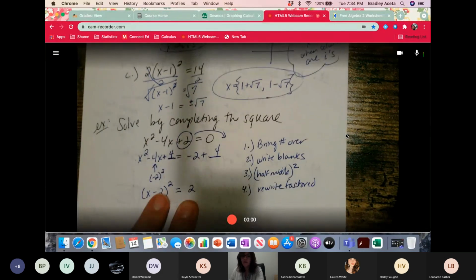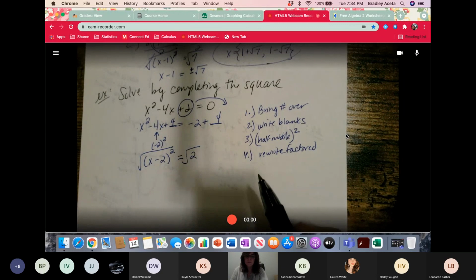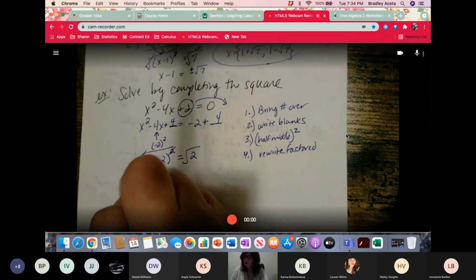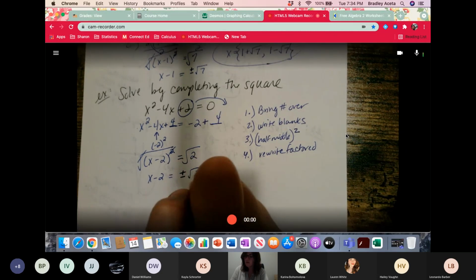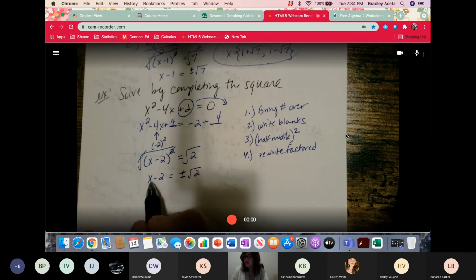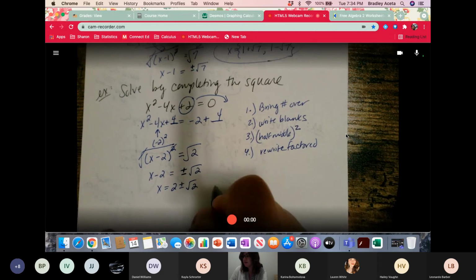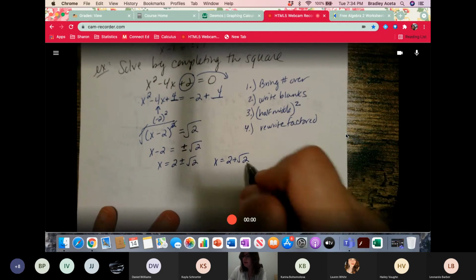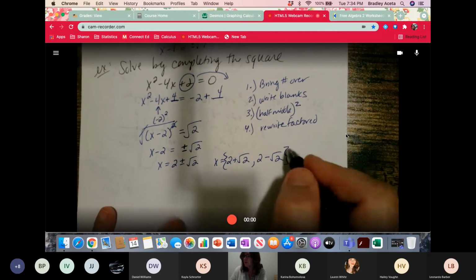If you have a squared by itself, you can undo it by taking a square root on both sides. And so you would have x minus 2 equals plus or minus square root 2. And then solve for x, bring that 2 in front of the plus or minus, but you have to write it out as 2 separate solutions. x can be 2 plus the square root of 2, and x can be 2 minus the square root of 2. They're going to make you write it as 2 separate, I believe.